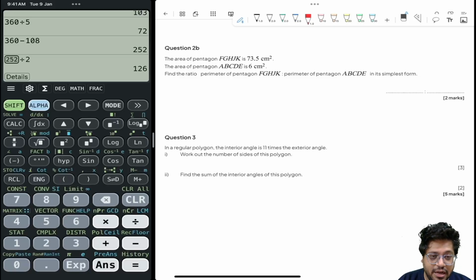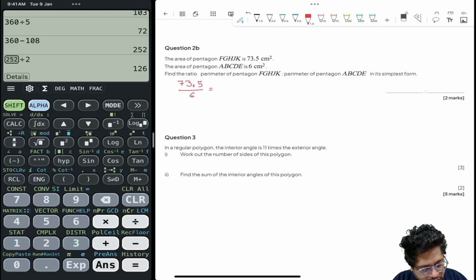So right now let me give you a brief idea about it. The ratio of the areas, 73.5 upon 6, in any similar figures is equal to the square of the ratio of sides. So let's call this k square, because k is a scale factor, which is the ratio of sides. Whatever the ratio of sides is will be equal to the ratio of perimeter, because perimeter is the sum of all sides.